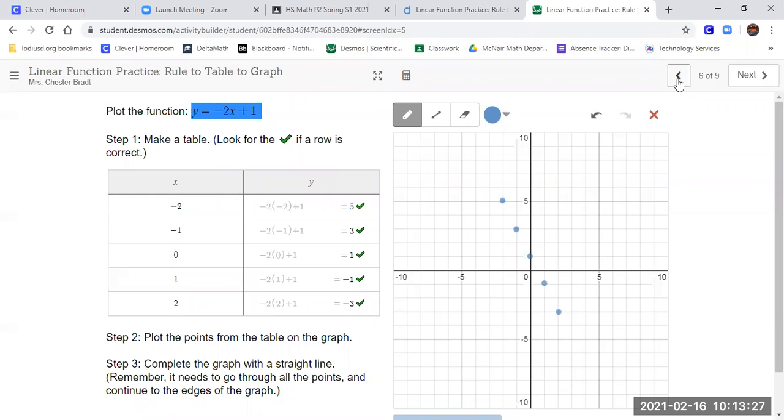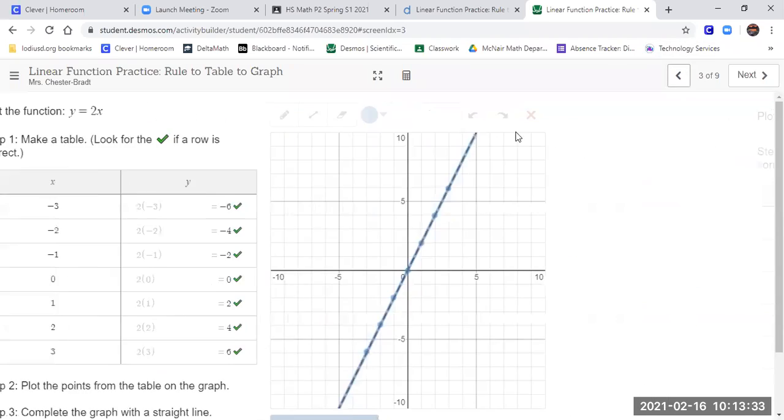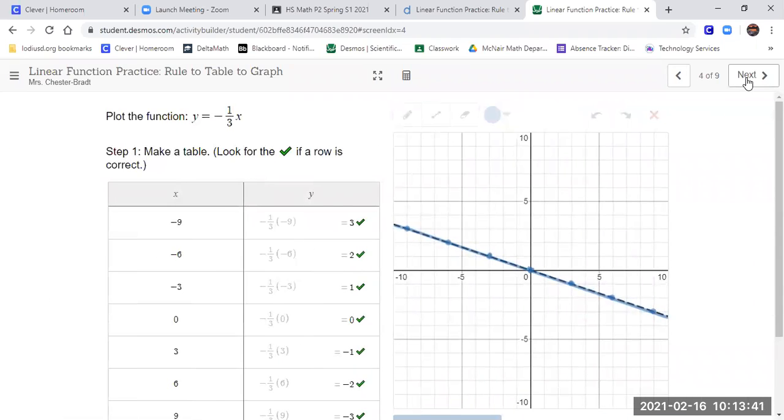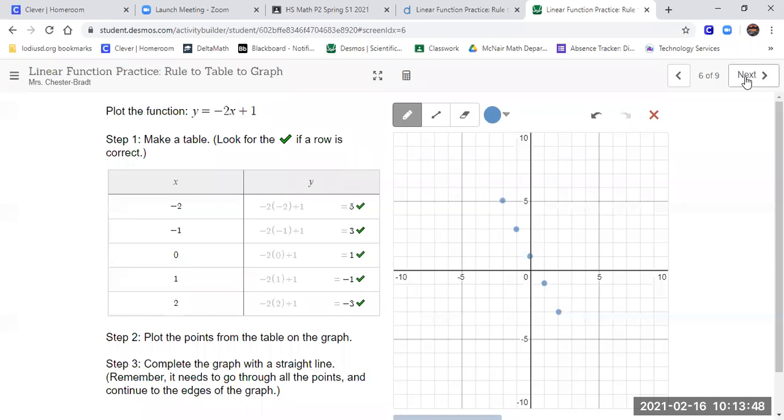I'll send mine back and I'll let you see. This is proportional. 4 is proportional. 3 is proportional. Look at how their rule looks. 5 is not proportional. Something about the rule was different. 6 is not proportional. Something about the rule is different.